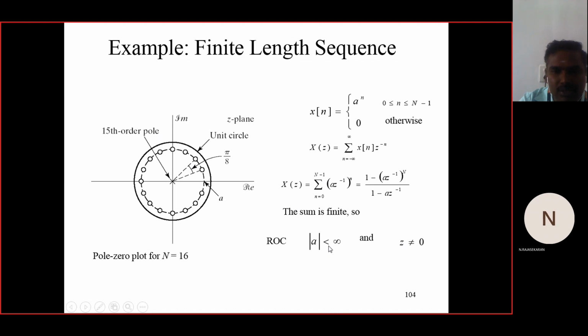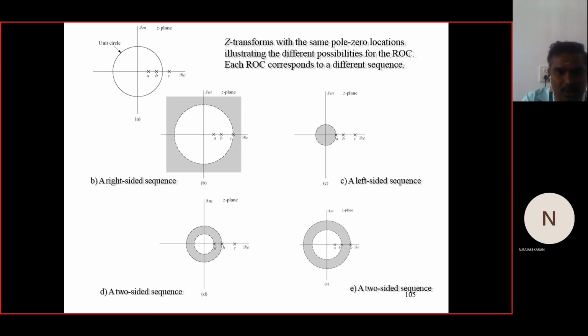So your ROC is represented here. This is an example for a finite-length sequence. Right side, left side, two-sided, and finite: these are the explanations for the ROC.